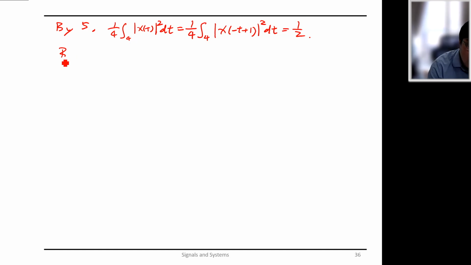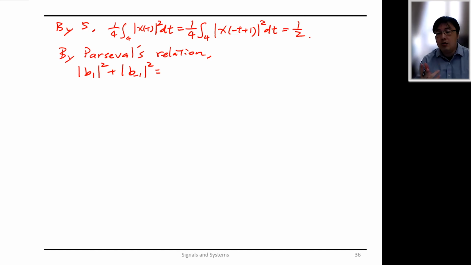So by Parseval's relation, we know that the magnitude of b1 squared plus the magnitude of b minus 1 squared, which are the only two non-zero Fourier series coefficients for this delayed time reversal signal, is equal to 2 times b1 squared because it is odd, which is equal to 1/2.